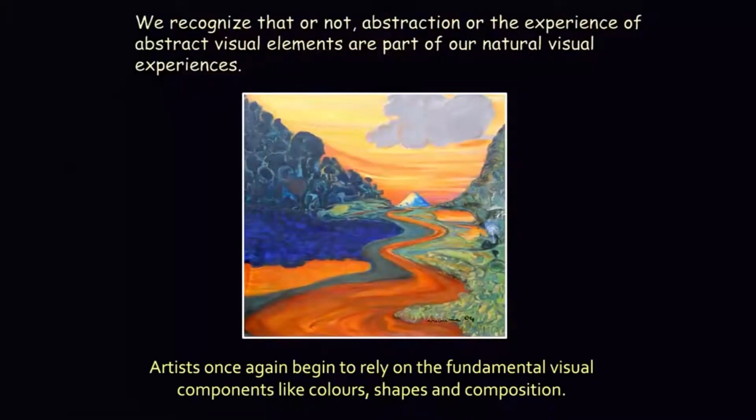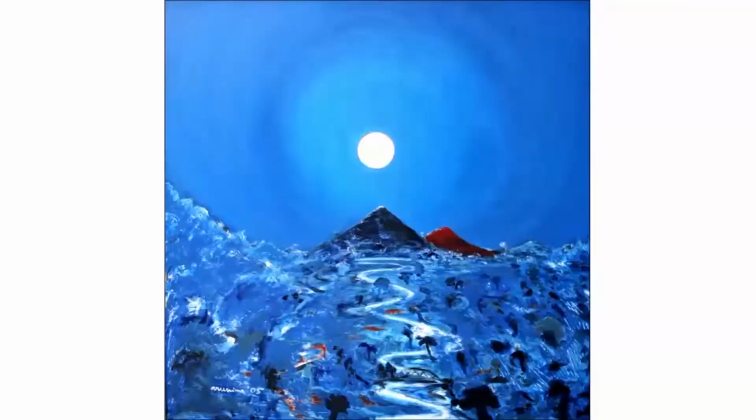So, whether we recognize it or not, abstraction or the experience of abstract visual elements is part of our natural visual experience. Artists once again begin to rely on the fundamental visual components like colors, shapes and composition so much that though their primary intention is to depict the real nature, the real figure, the real object, they end up making a painting which is pretty abstract, like this one.